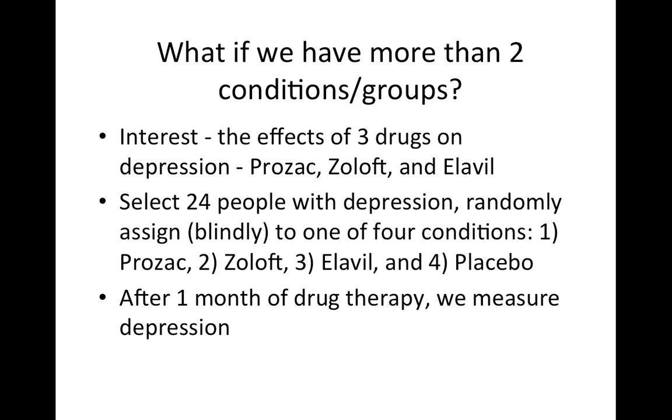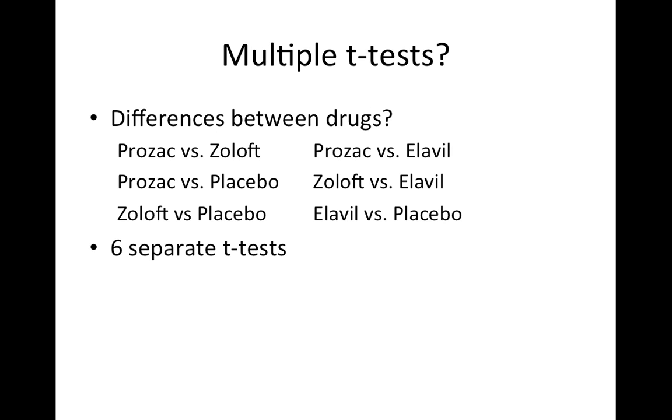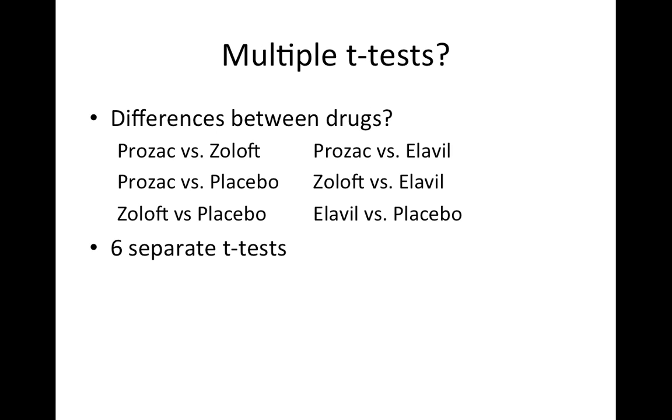After 1 month of drug therapy, we measure depression, and here are the scores. Now, what are we going to do? It turns out that embedded in this design, we could compare Prozac versus Zoloft, but we could also compare Prozac versus Elavil. We could compare Prozac versus placebo. We could also compare Zoloft versus Elavil and Zoloft versus placebo, or placebo versus Elavil. There are in this design six pairwise comparisons, as we call them.